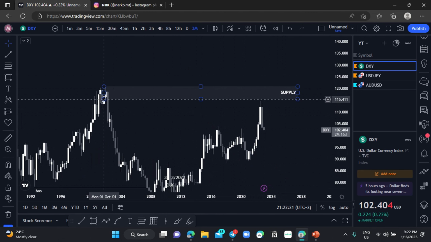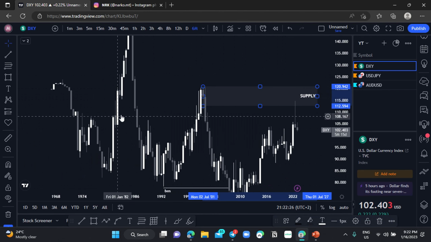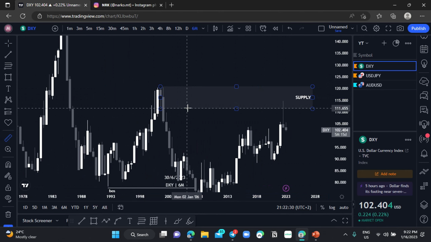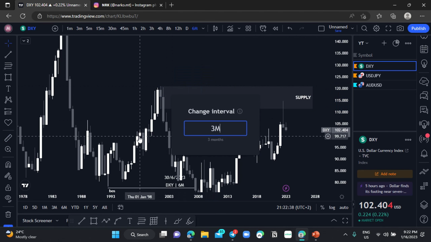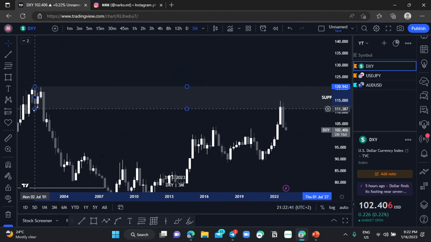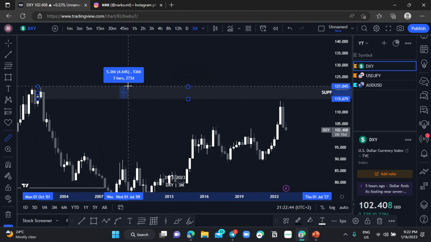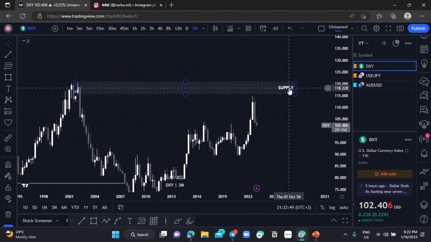With this 6 month supply area we are risking over 9,000 pips, but with this 3 months supply area we will be risking half of that, 5,000 pips. That's the difference between not refining and refining your supply areas.